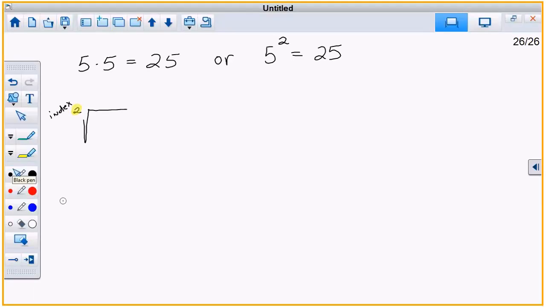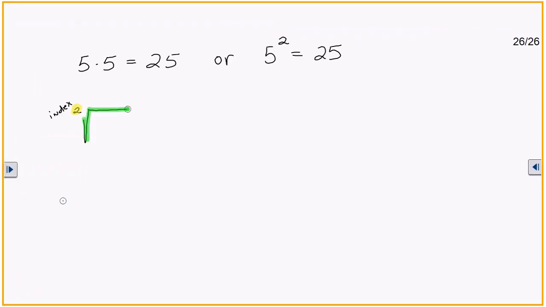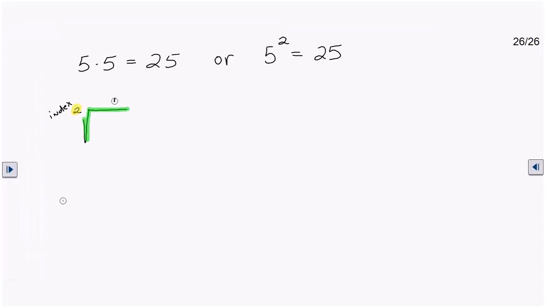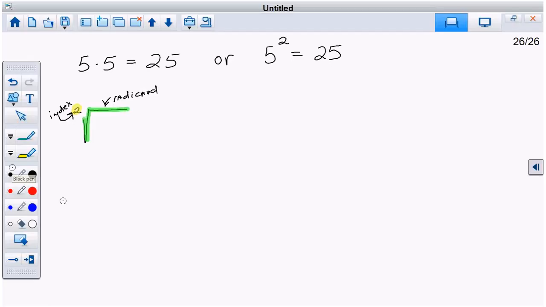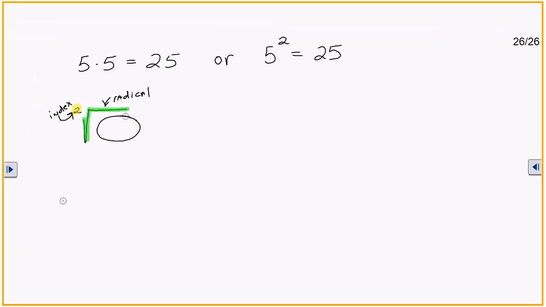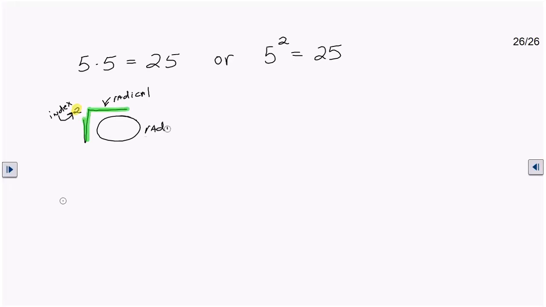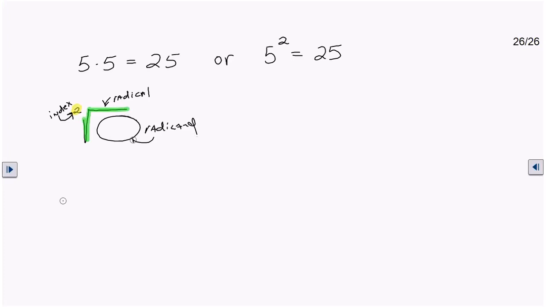This part is called the radical, and under the radical is called the radicand. Okay, and usually that's a number or a variable.